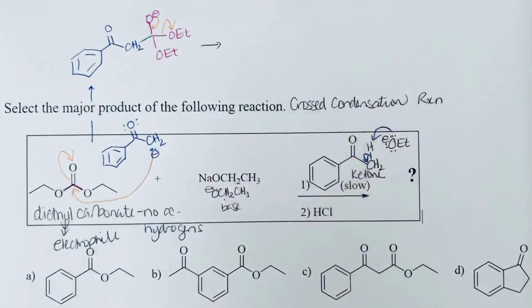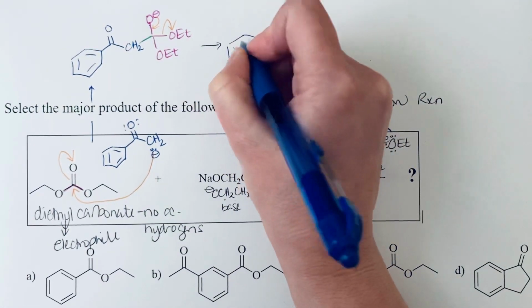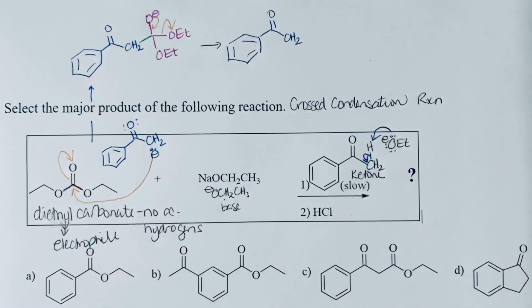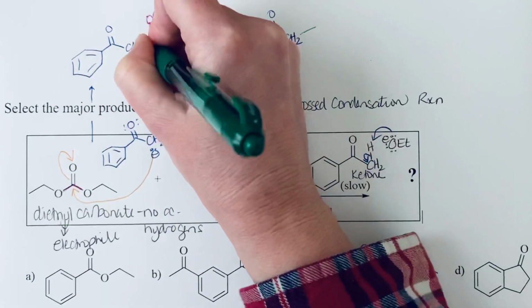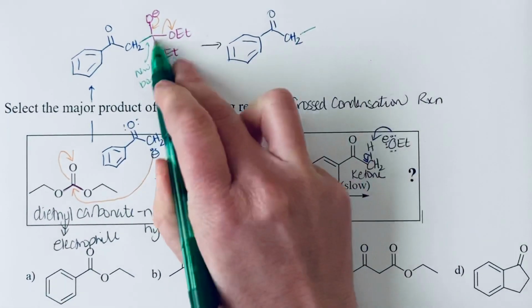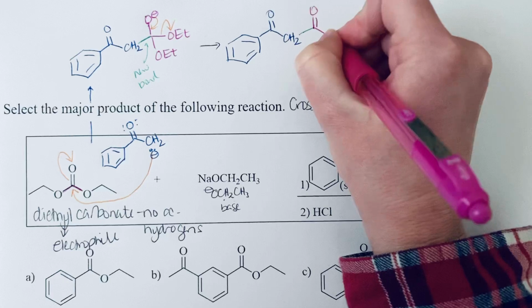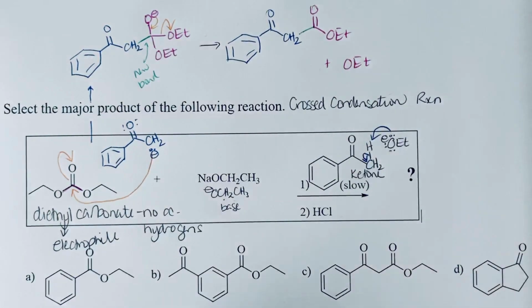And so what that will form is we're still going to have the ketone. We'll have that CH2, the new bond that we formed in this reaction. So that new bond, and now we have, again, the carbonyl and OEt, and we've also formed some ethoxide.